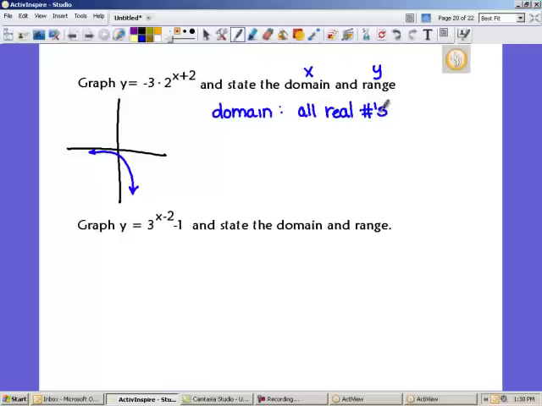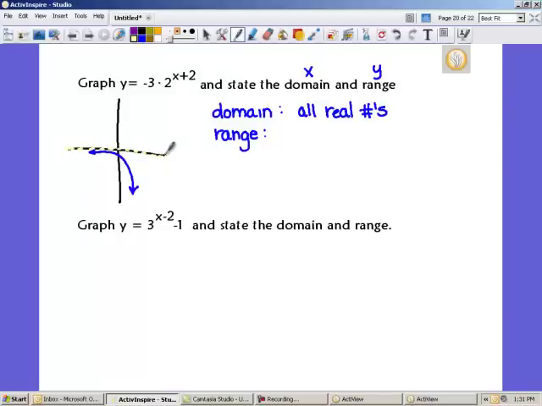Now when we're talking about the range, we're asking ourselves, what about the y? As you can tell, this graph definitely goes to the negative side of y, but it never goes up here. In fact, it stays below that asymptote that I was talking about.